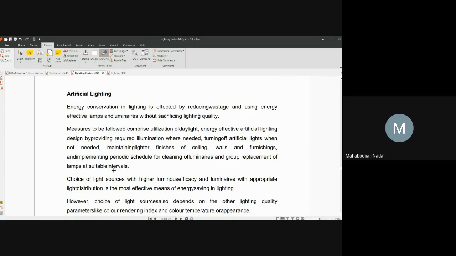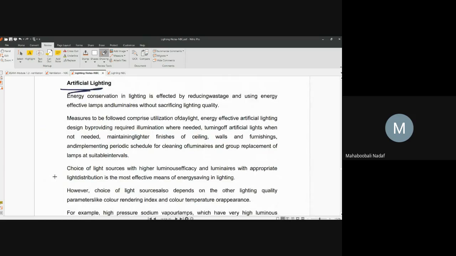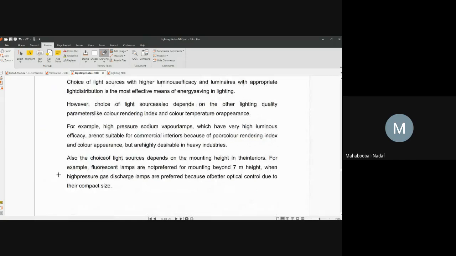Okay, now artificial lighting, I think we have covered this one. Okay, there are some cases of how to choose the source of the bulb. In some cases, high pressure sodium vapor lamps, which have high luminous capacity, are not suitable for commercial use.